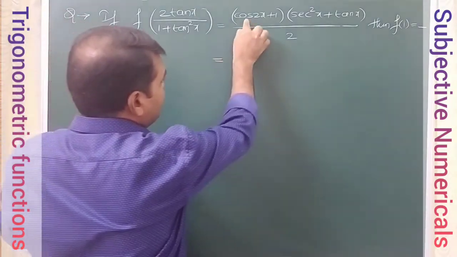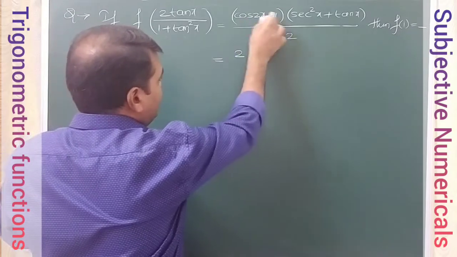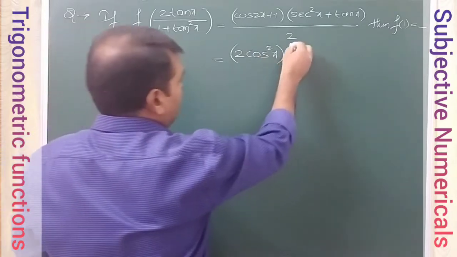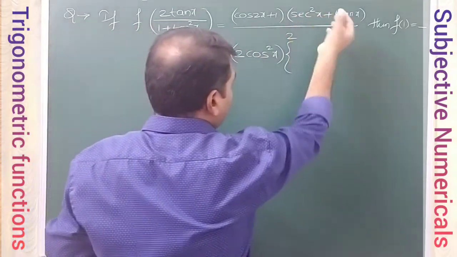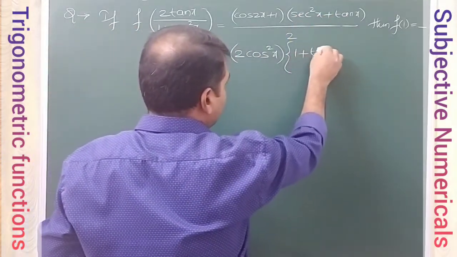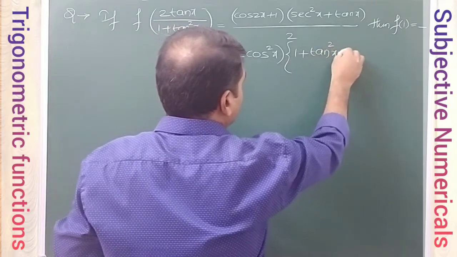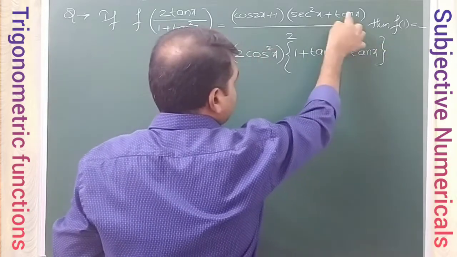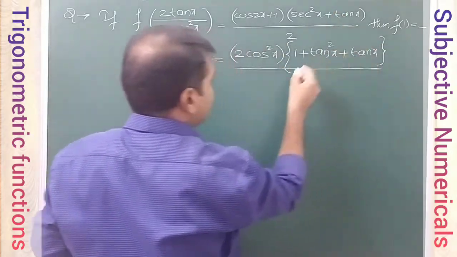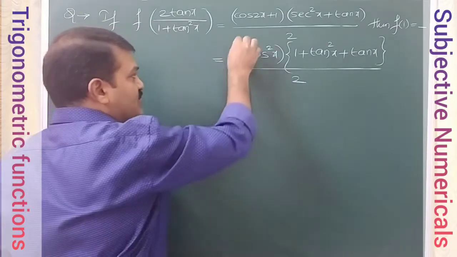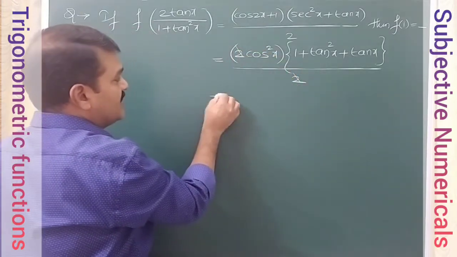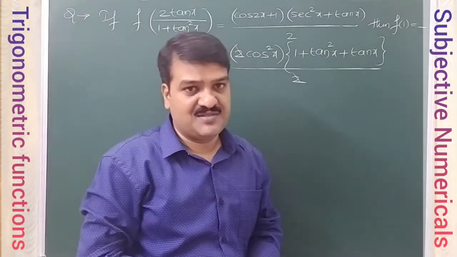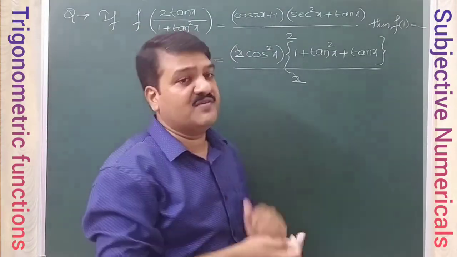So what is 1 plus cos 2x? 1 plus cos 2x is 2 cos square x. Now come to this. Secant square x can be written as 1 plus tan square x, an identity. So secant square x is 1 plus tan square x, plus tan x we have written as it is, by 2. So this 2 I can cancel. Now this cos square x can be written as 1 by secant square x, because secant is the reciprocal of cos.